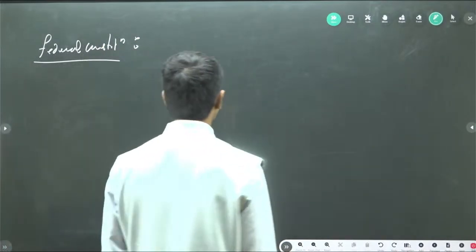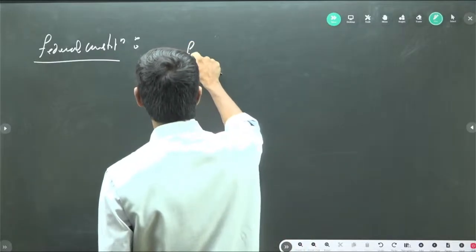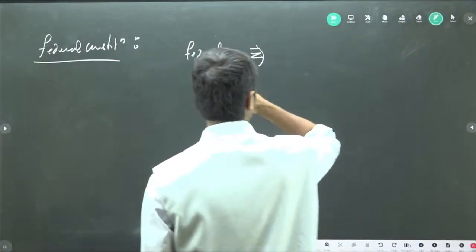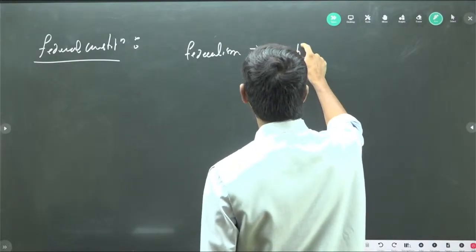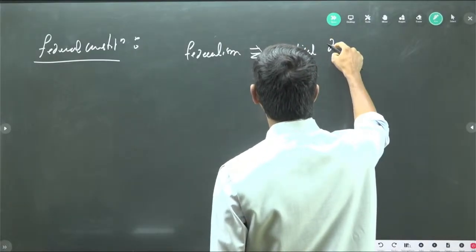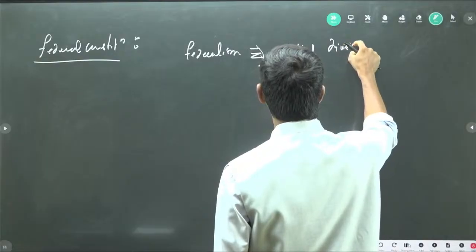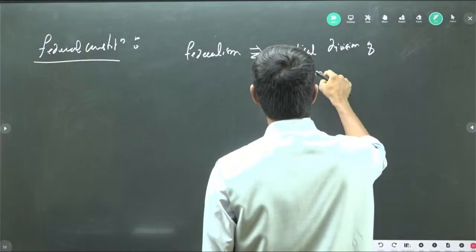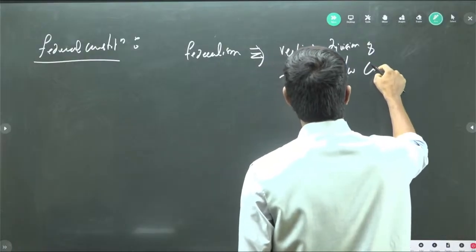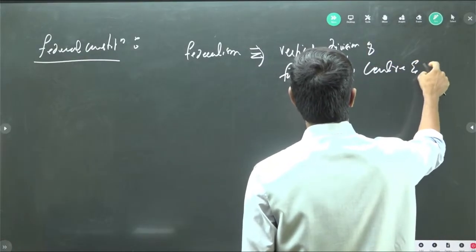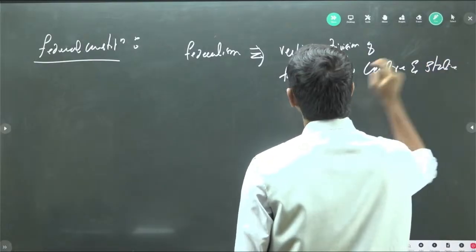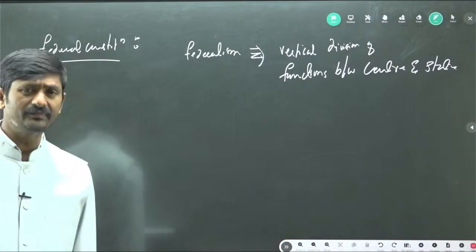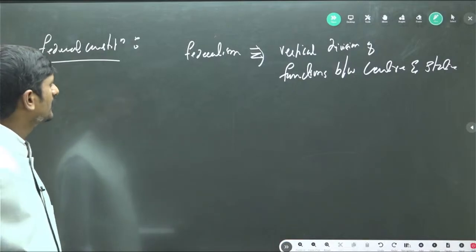Basically, federalism means what? Federalism means there is a requirement of vertical division of functions between center and states. Vertical division of powers, or vertical division of functions, between center and states, right?